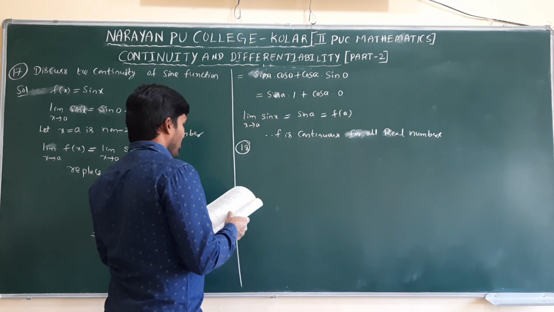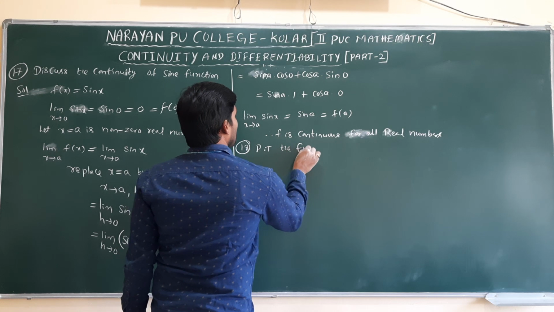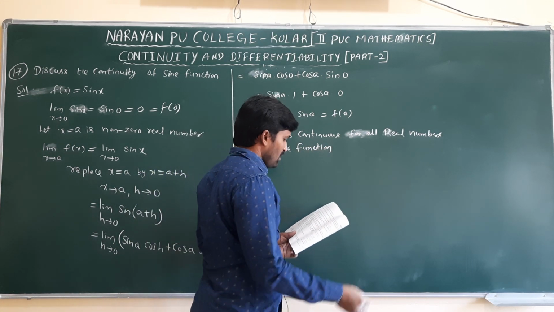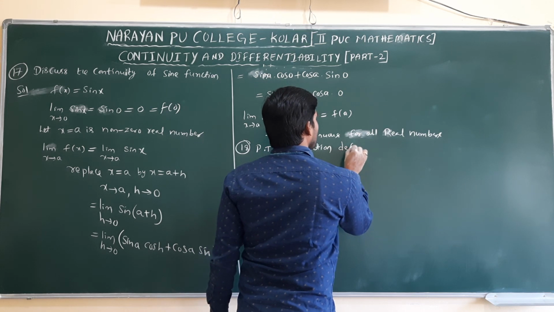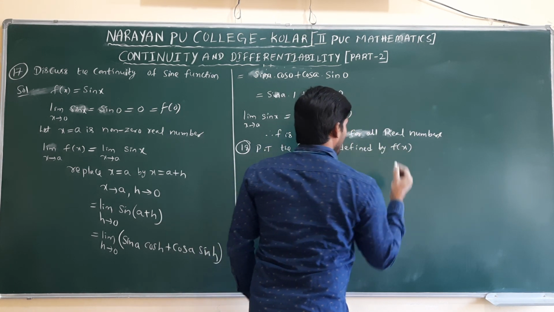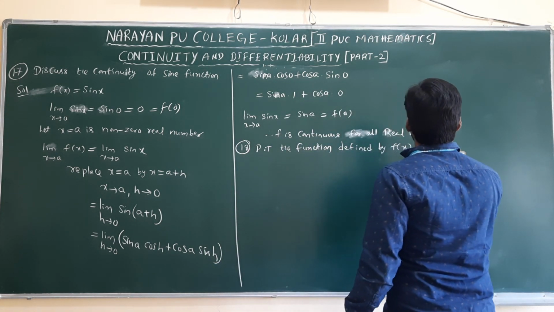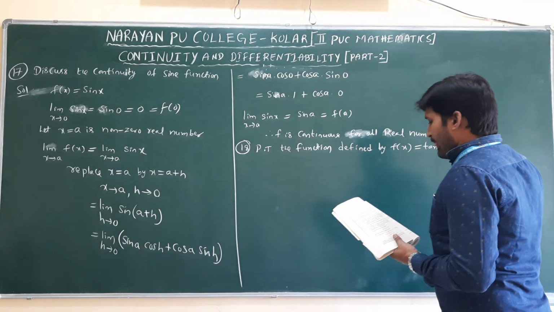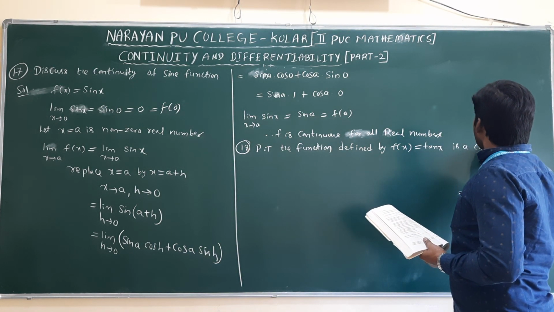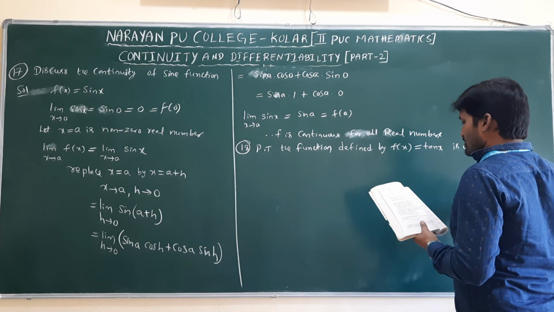Prove that the function defined by f of x equal to tan x is a continuous function.